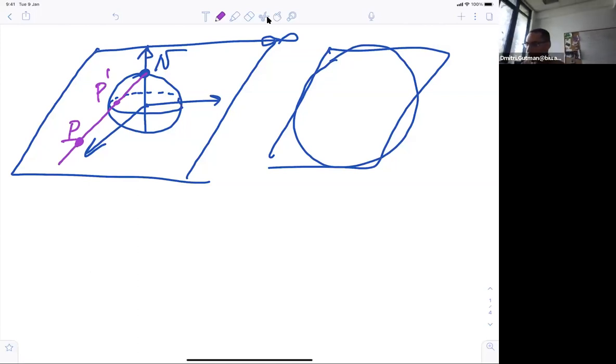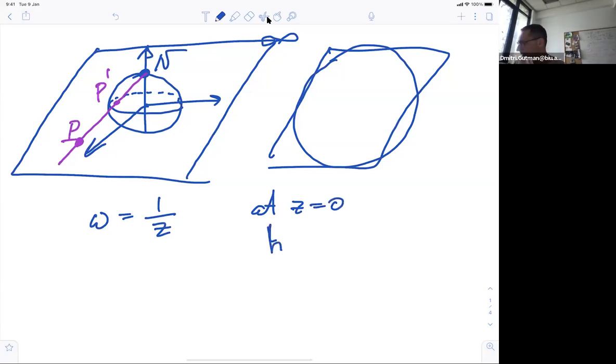And what we also did, we looked at a particular transformation, W equal to 1 over Z, and we realized that on a complex plane, this transformation has a pole. It has a special pole, which is a singularity at the origin. At Z equals 0, this transformation has a pole of order 1.